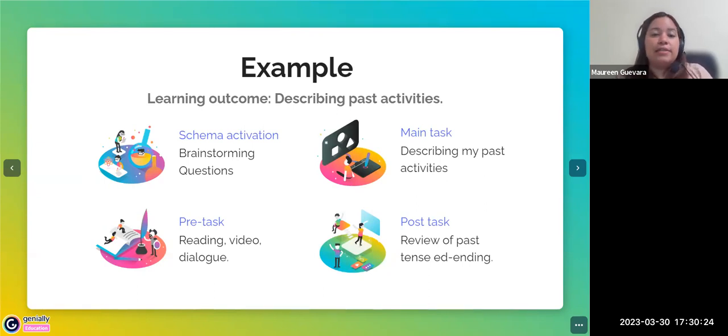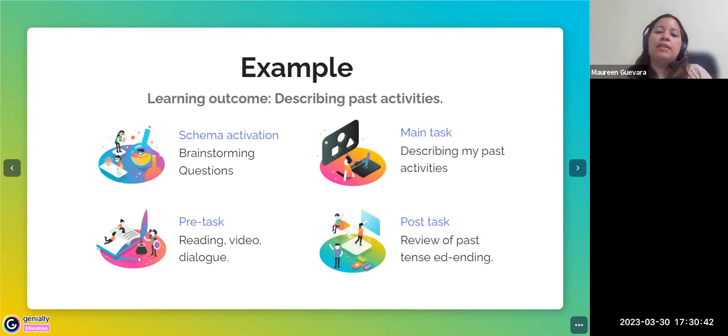So I don't know in your cases, but in my experience, when we are teaching past tense, the ed endings are always difficult. So I always prepare an activity so that I can give my students more opportunities to practice the ed ending during the post-task.